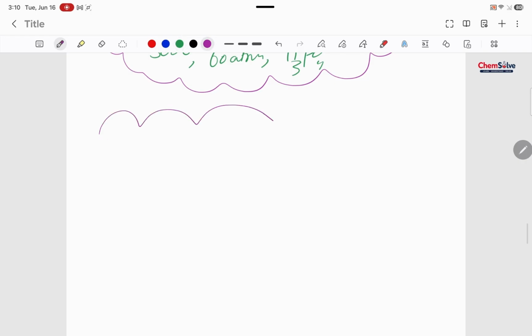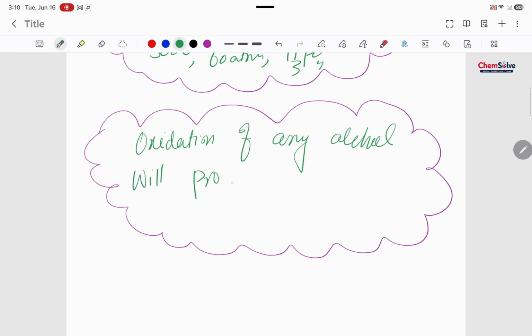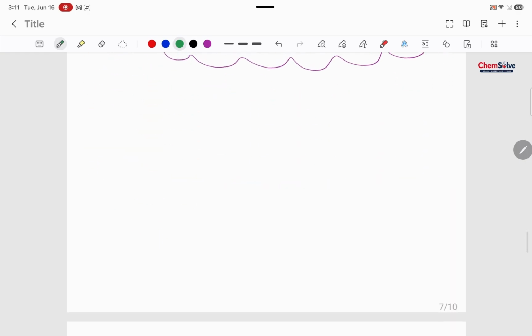While the second point to remember is oxidation of any alcohol will produce the corresponding carboxylic acid.